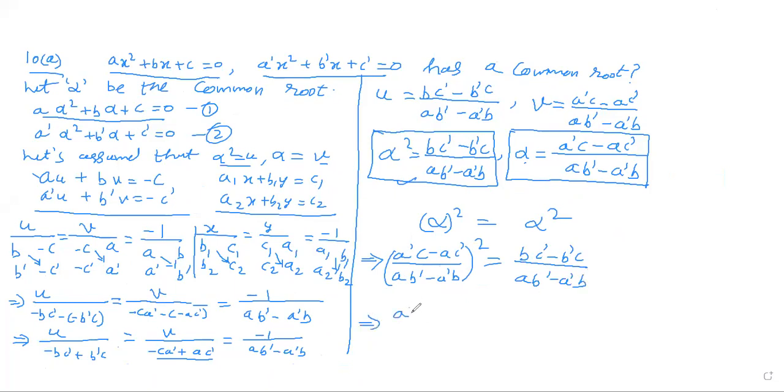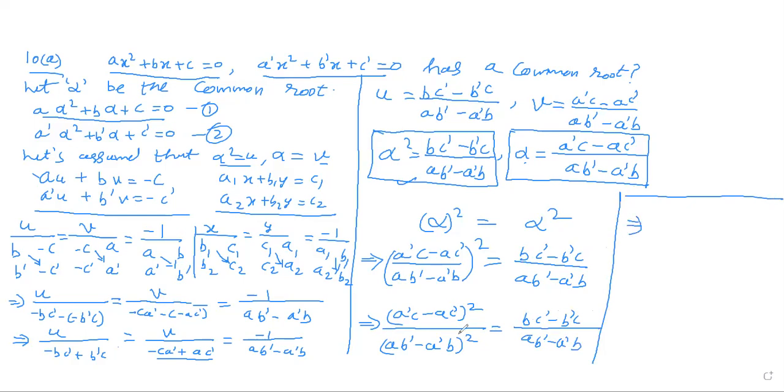It implies now it is a dash c minus ac dash whole square over ab dash minus a dash b whole square equals to bc dash minus b dash c over ab dash minus a dash b. Is that clear to you?